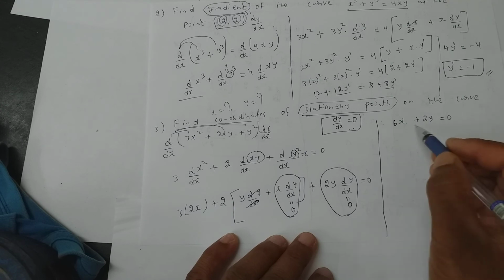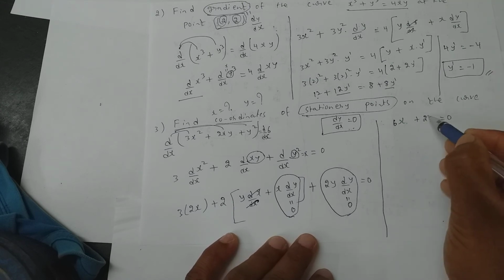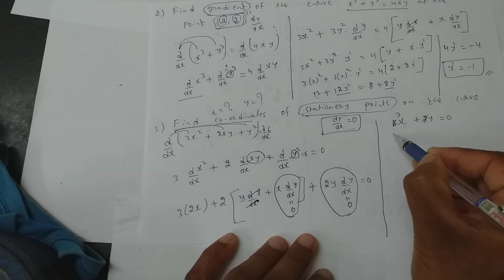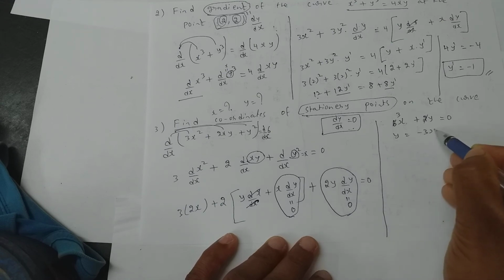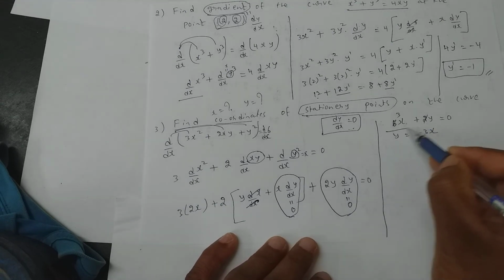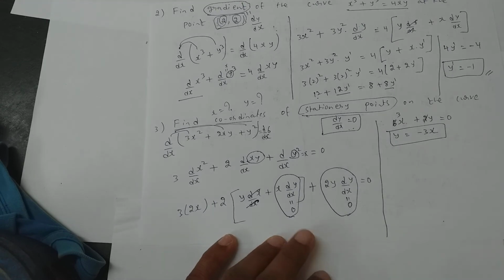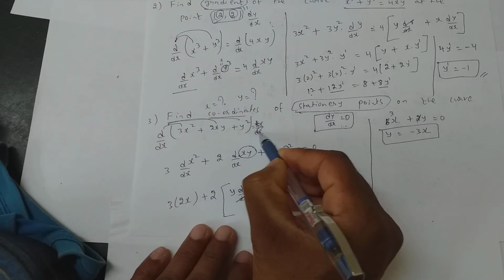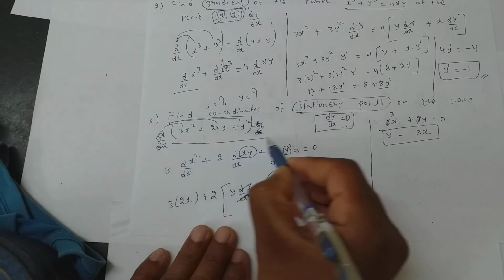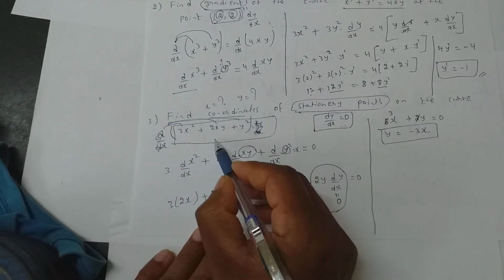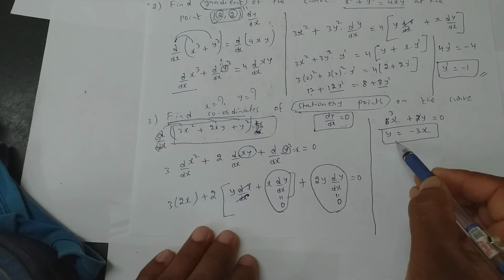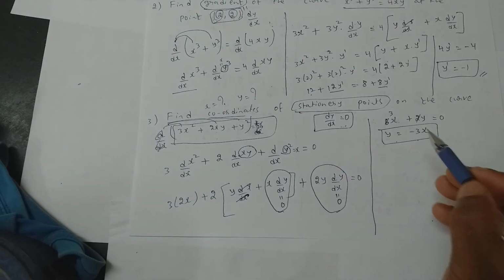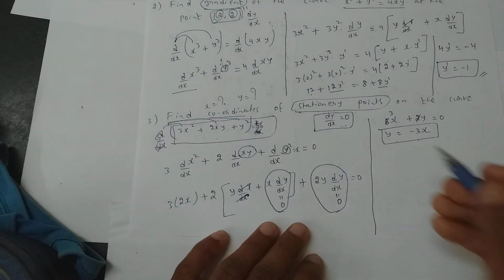I make x the subject or y the subject? Y. So let's cancel 2, 3. So y equal to minus 3x. Now where will I use this to get the value of x? In earlier one. This was the given equation. So in this equation, if I replace y by minus 3x, then I get the value of x. So let us start.